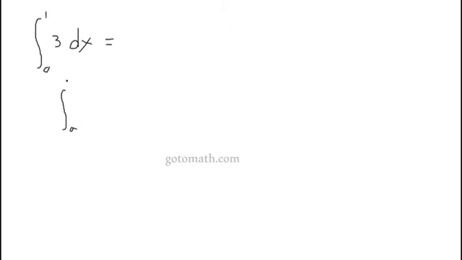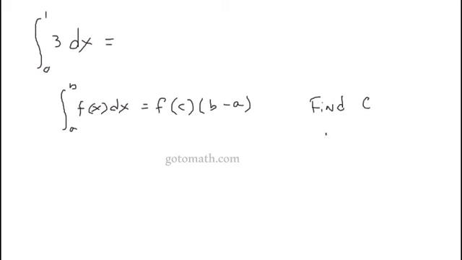I should have done this first: the integral from a to b of some function f of x dx is equal to f of c times the interval, b minus a. And the idea here is we want to find c.